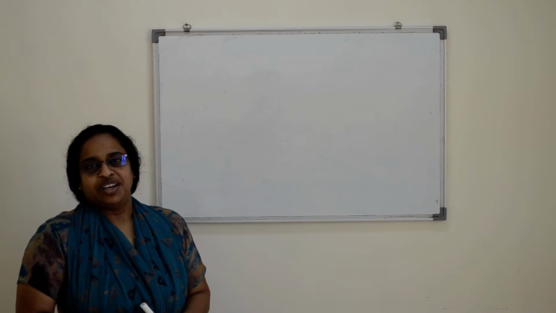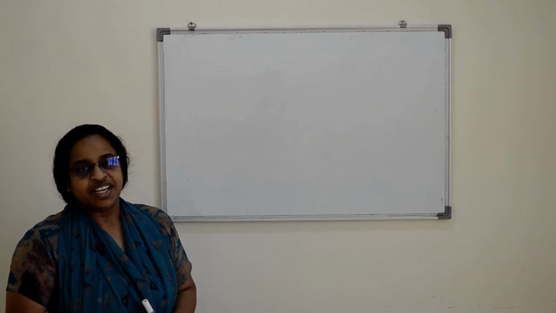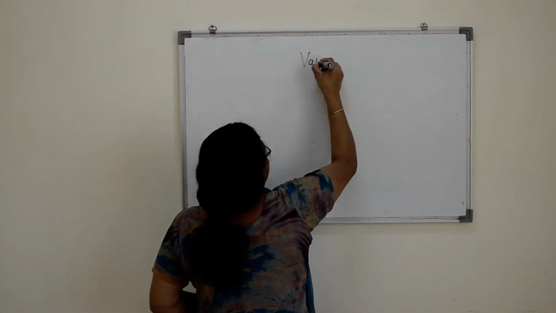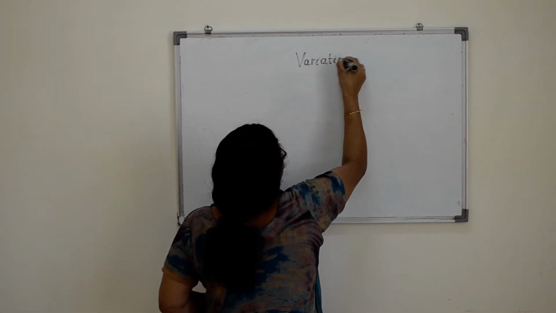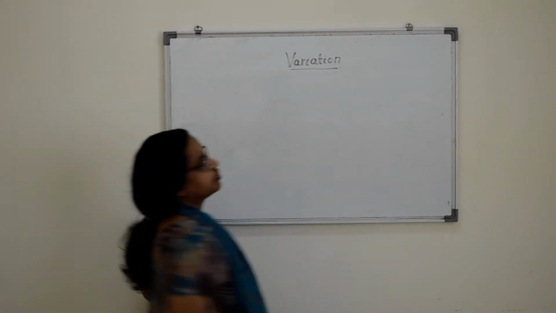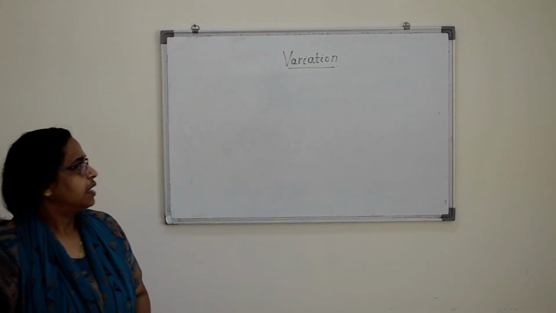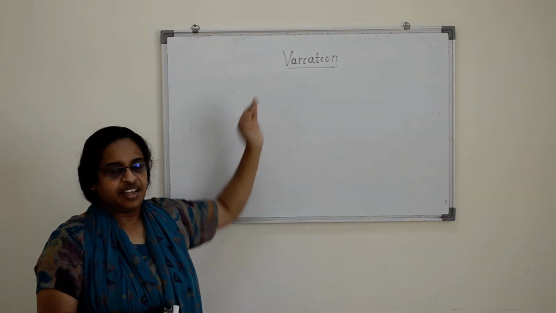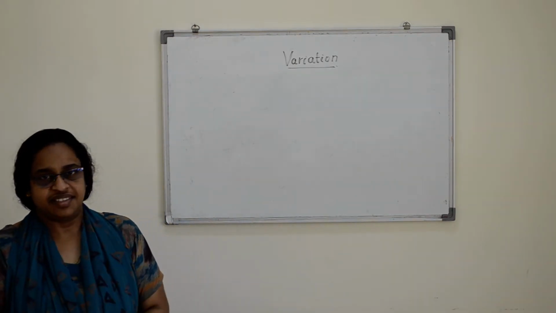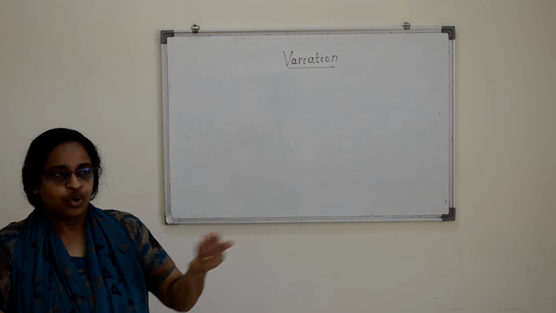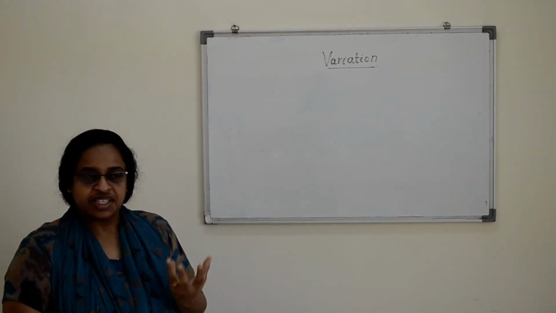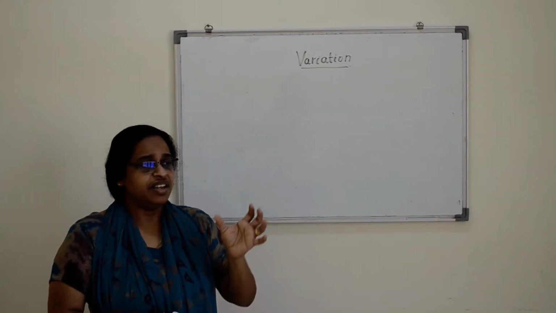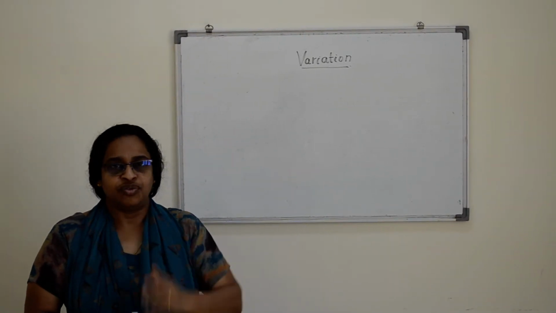So today we are going to start with the new topic, variation. As all of you know, what is the word meaning of variation? Variation means differences, is it? All of us belong to the same species, human beings, but you can see millions of differences among all of us.